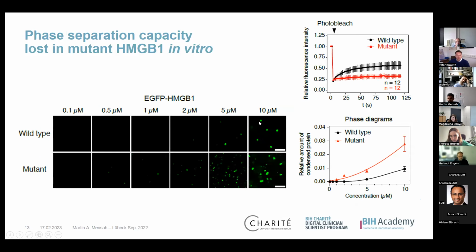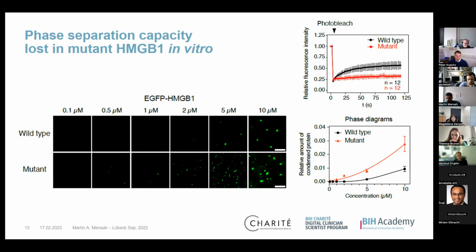So why does it matter whether a domain is ordered or disordered? Intrinsically disordered regions help proteins to form condensates. They do this by unspecific interactions, and this unspecific character of these interactions is guaranteed because these domains are disordered. And this formation of condensates is necessary for a process that's called phase separation.